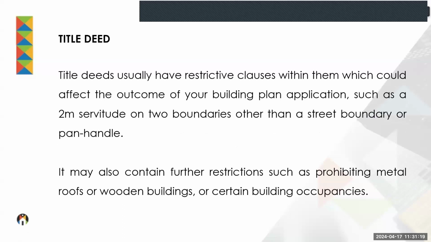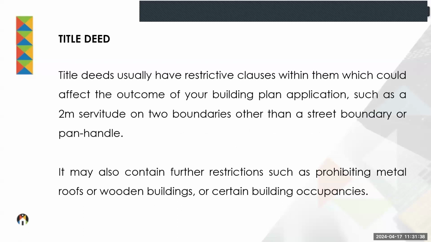Then we come to the title deed. Now, the title deed usually has restrictive clauses within it, which could affect the outcome of your building plan application, such as a 2-meter servitude, for instance, on 2 boundaries other than a street boundary or a panhandle. So that's in the title deed.